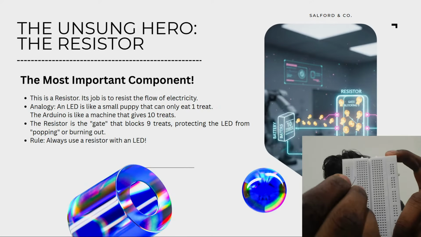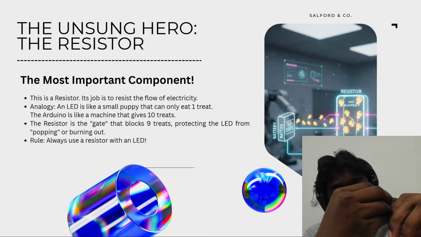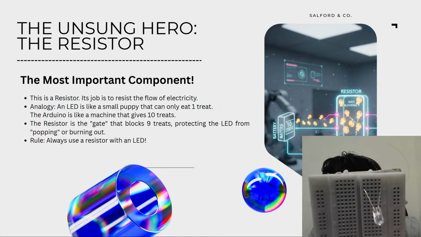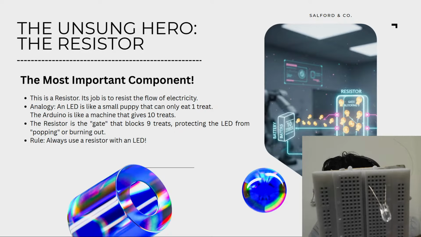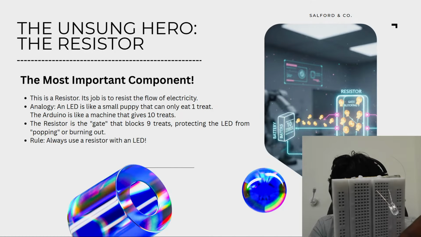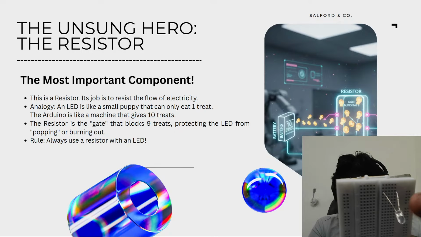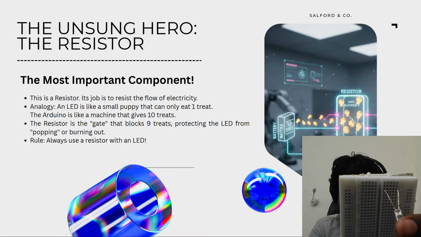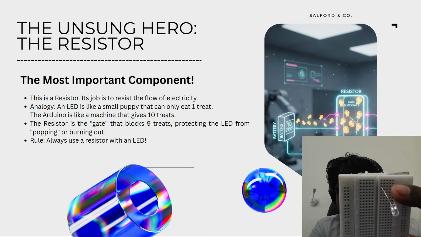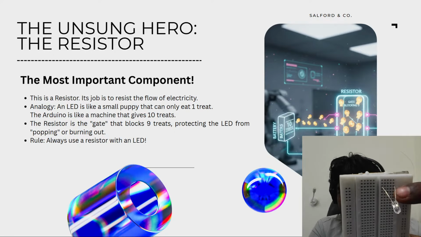For example, if you want to put an LED in, if you put this LED like this, can you tell me what will happen? If you interface this LED, what's going to happen? Yes, you're correct. If I put the LED like this, it will short circuit, because these are horizontally connected, right?